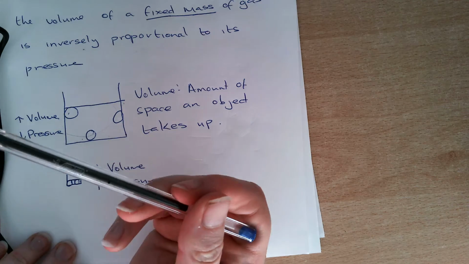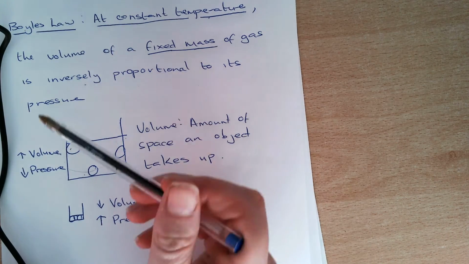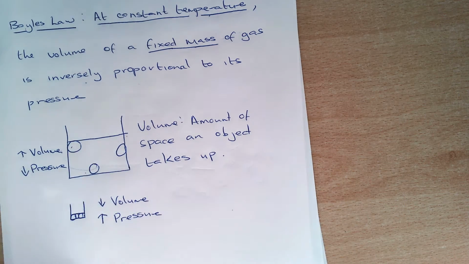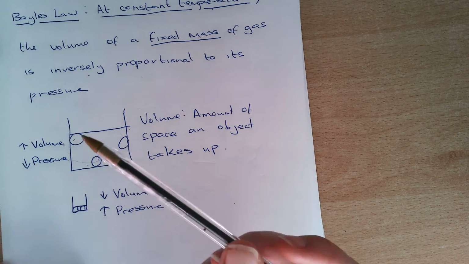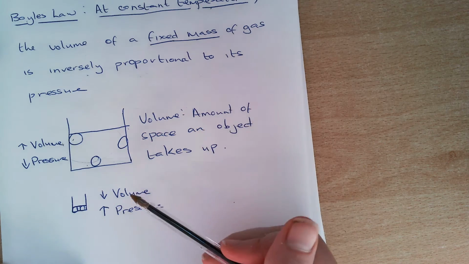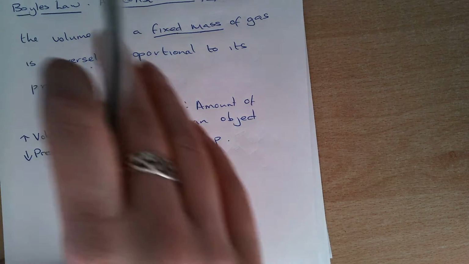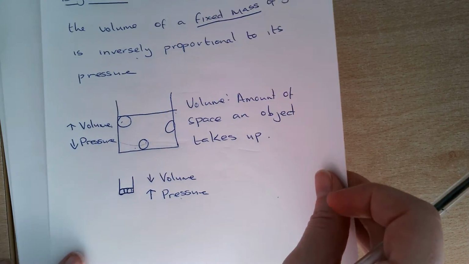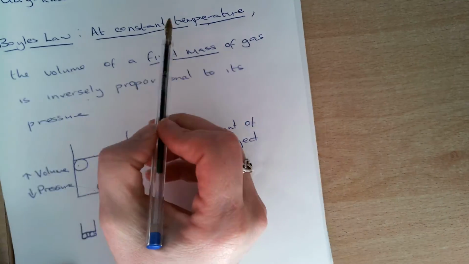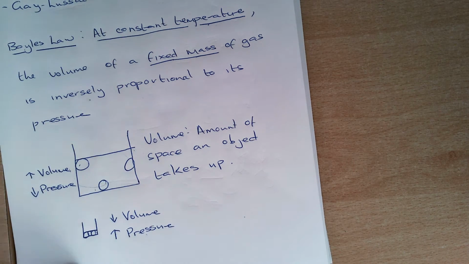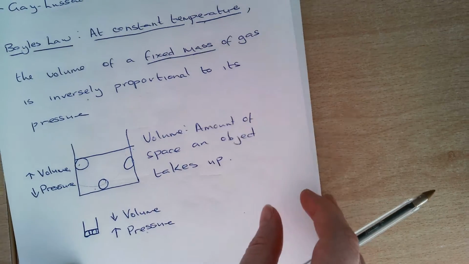As something increases, i.e. volume, my pressure decreases. However, as my volume decreases, the pressure is going to increase. And that is all you need to know on Boyle's law. You have to have a constant temperature, because obviously if I change my temperature, this is going to have an effect on it. So you have to have at constant temperature.